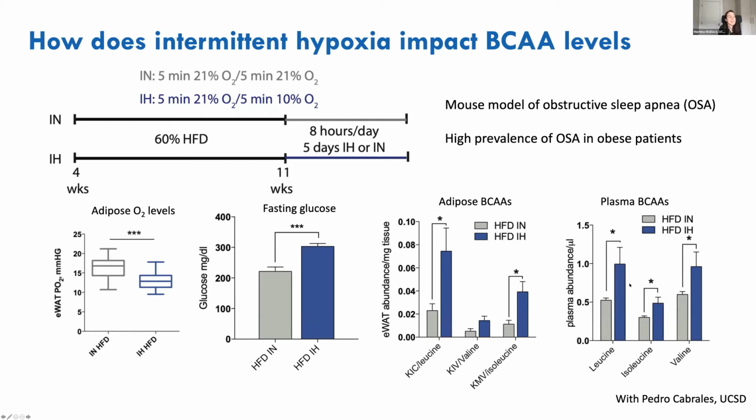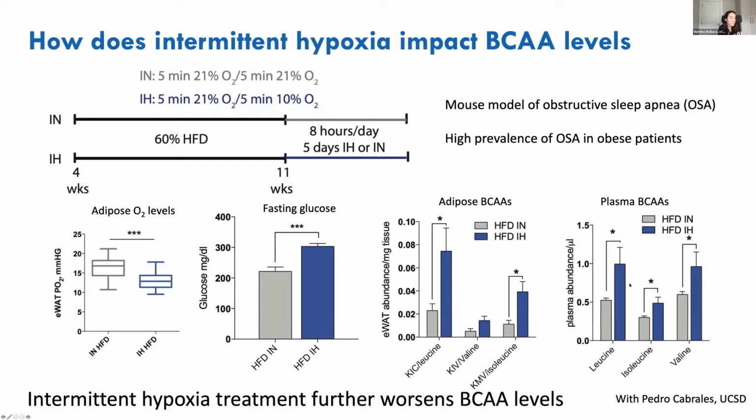So this further linked that intermittent hypoxia treatment worsened BCAA levels and may also impair branched amino acid catabolism in these tissues. And when we looked at actually levels of BCKDH in these mice after intermittent hypoxia, we found that it significantly decreased the levels of the enzyme, indicating that branched amino acid catabolism was impaired.